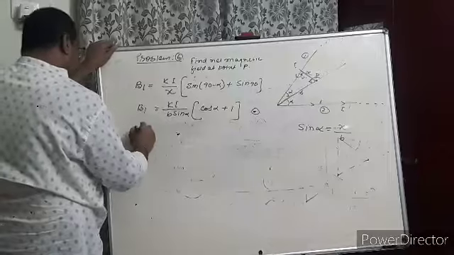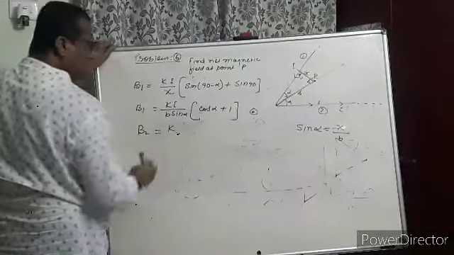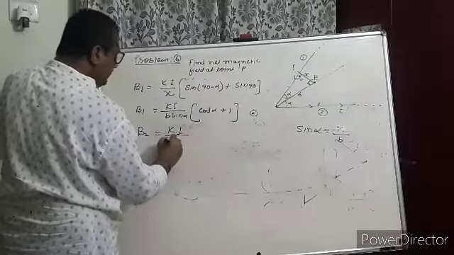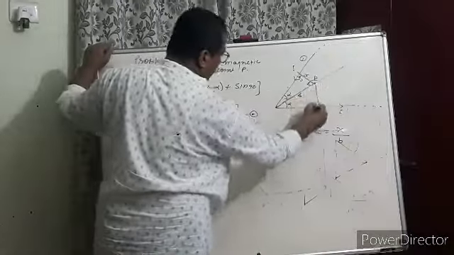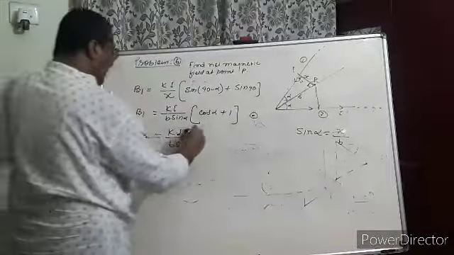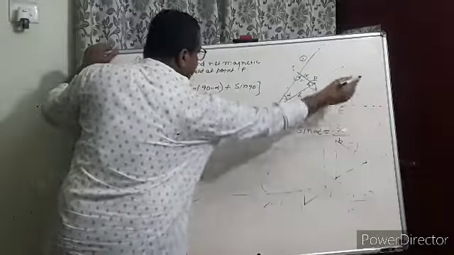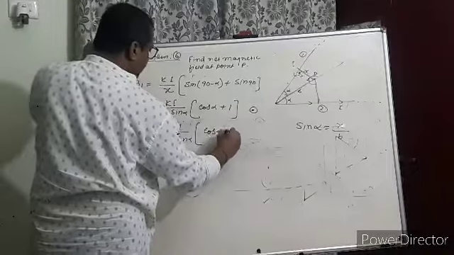Now the magnetic field due to the second wire: K I, and the distance is b sin alpha. Again it will be the same because this is the perpendicular distance, and this angle is infinite, so it will be cos alpha plus 1.